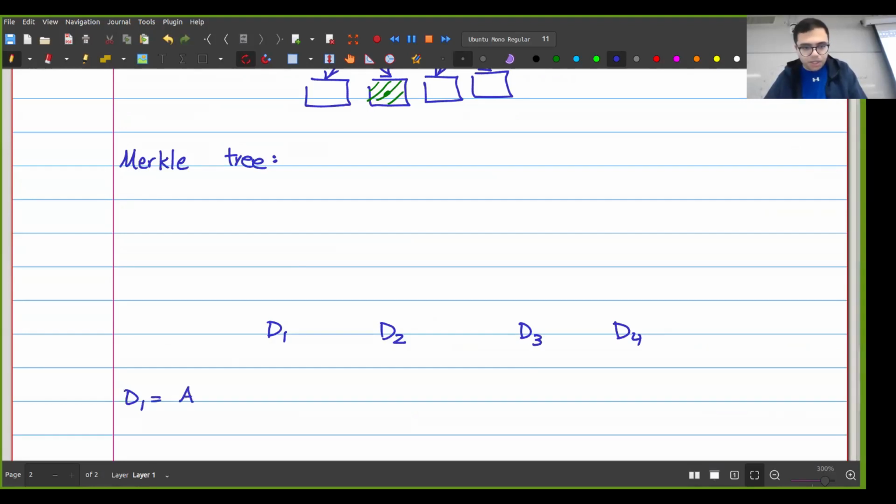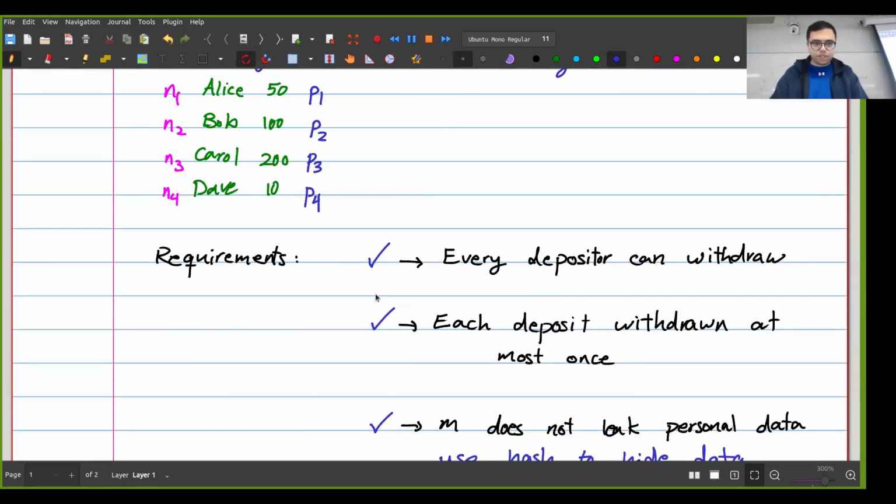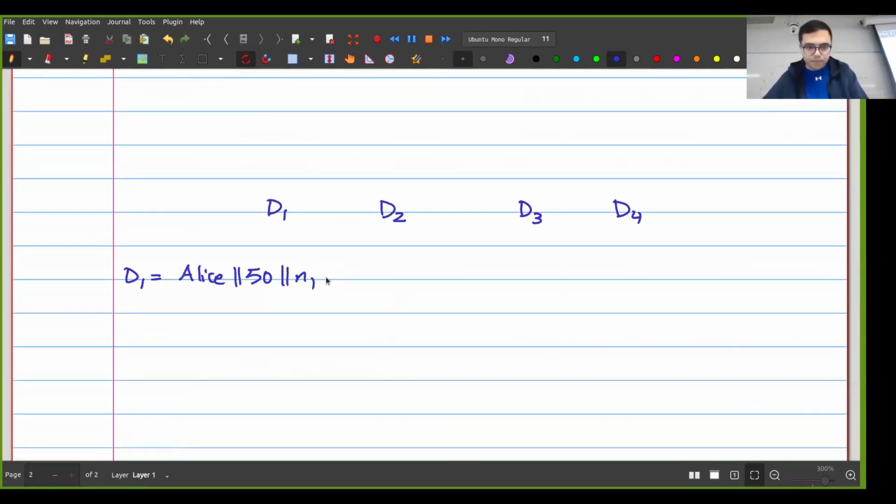It's the string that says Alice deposited 50 and her nonce was N1. And similarly for all the other ones. For example, D4 is just Dave deposited 10 and his nonce was N4.